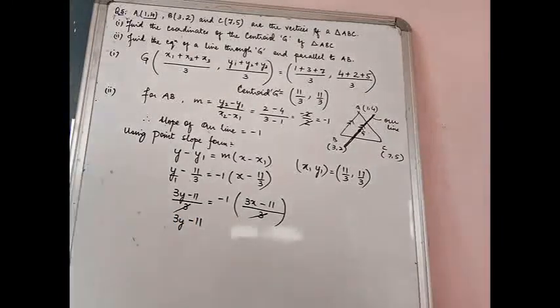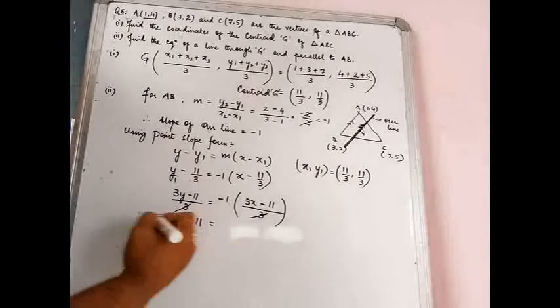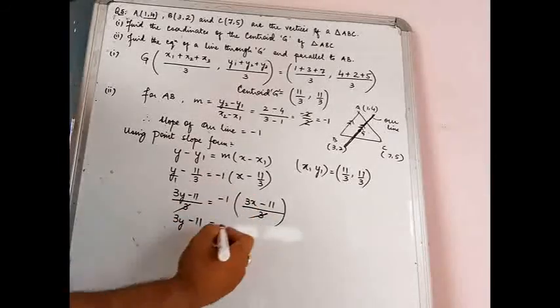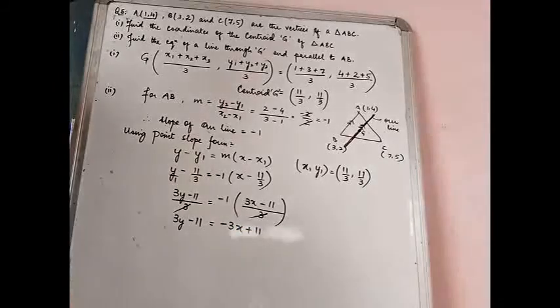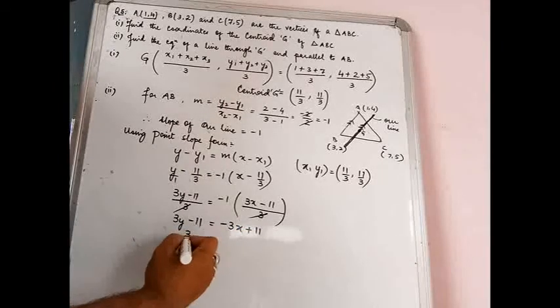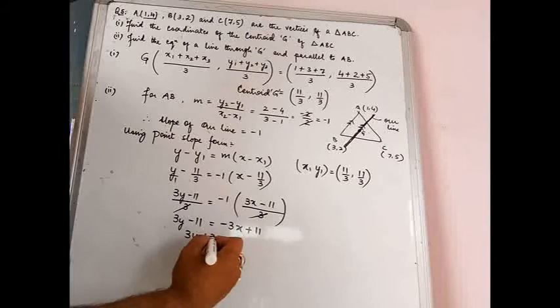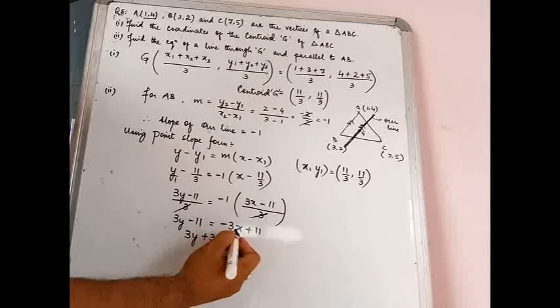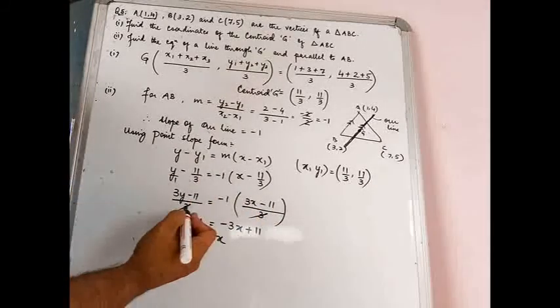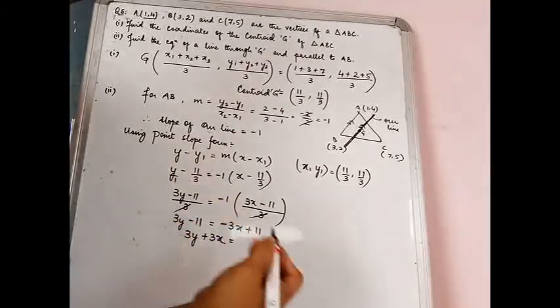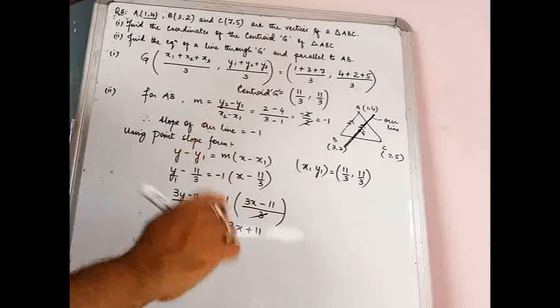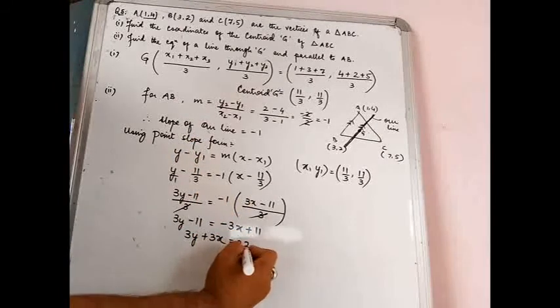3y minus 11 is equal to, this minus 1 will go inside, so it will become minus 3x plus 11. So 3y plus 3x, I have taken the minus 3x to the left side, and similarly minus 11 I will take to the right side, it will become plus 11. 11 plus 11 will make it 22.